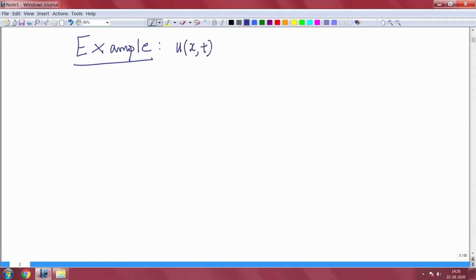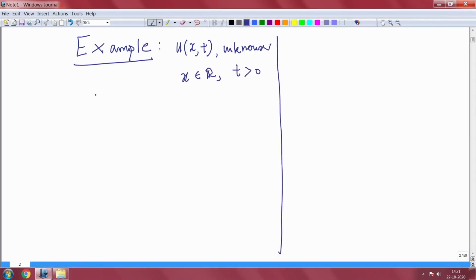The reason is that t is something like a time variable. This is only for this example; later we will come back to the notation u of x y. So, the PDE here, u of x t is your unknown with x in R and t positive. So, we are doing it in the upper half plane.